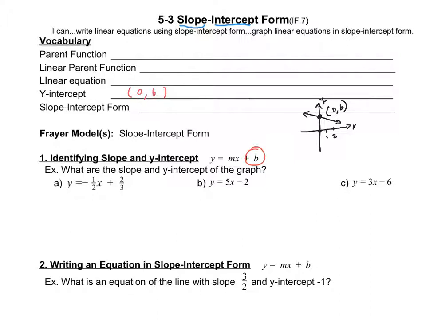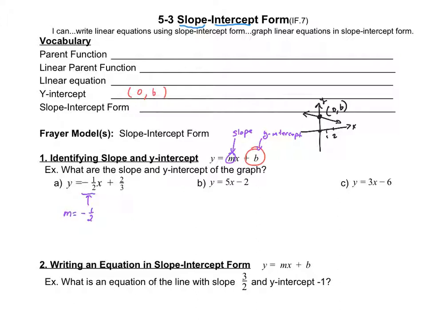But as we do this, let's go ahead and identify the slope and y-intercept. Hopefully you recall too that m here is the slope of the equation of a line, and b is going to be my y-intercept. Now, when I look at that, all I'm going to do is say, okay, m is the coefficient of my x. So when I look over here, the coefficient of my x is -1/2. So -1/2 is going to be my slope.